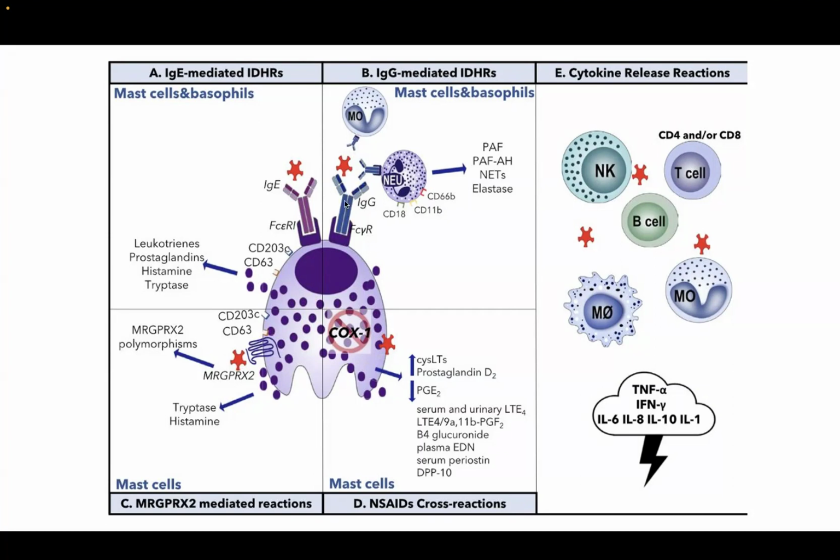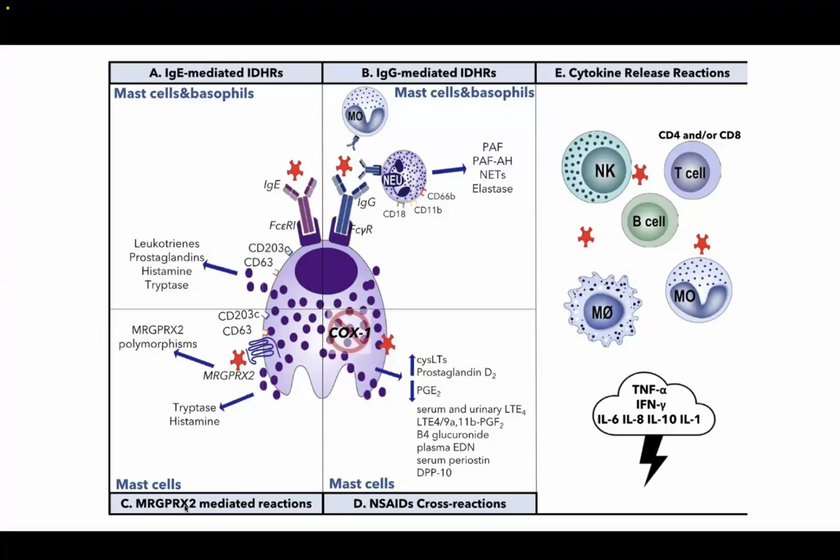It's the FC gamma receptor, which is the low affinity receptor, but this could happen through the activation of other granulocytes, including neutrophils, and release of platelet activating factor, histamine, and neutrophil extracellular traps and elastase. These are the mediators that are released in case of IgG-mediated reaction. And those could be helpful in measuring those mediators if we want to determine what endotype we have.